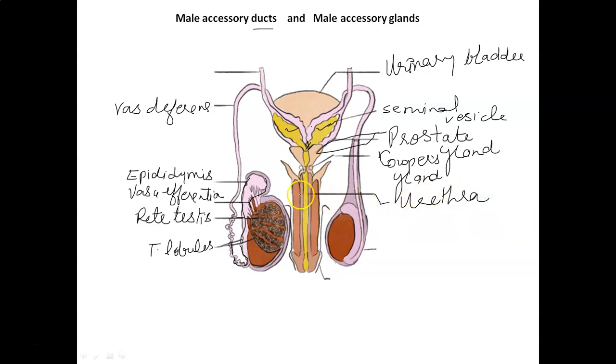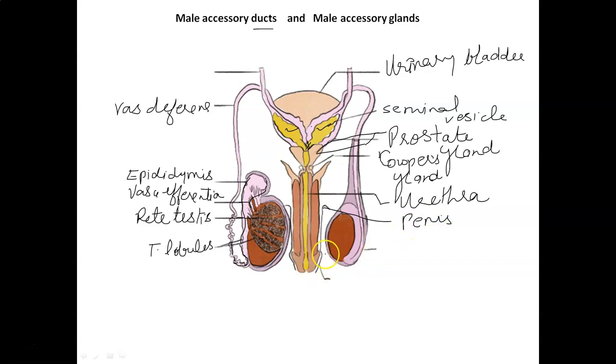And this duct is actually coming right away from urinary bladder, and the vas deferens first joins the seminal vesicle, it will join this urethra, then the prostate gland starts secreting in this urethra, then the Cowper's gland, again they start releasing their secretion into that urethra. This urethra, now it has entered in the external genitalia, which is actually known as penis.